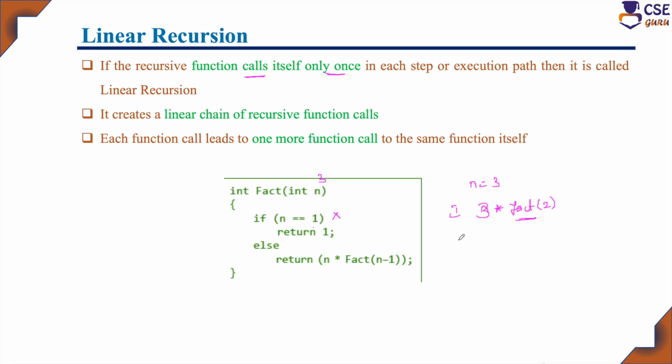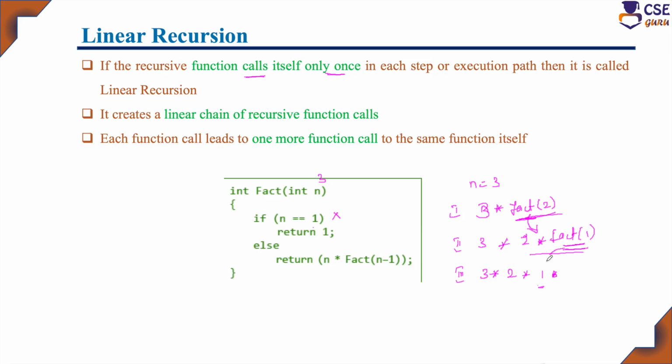The second time also, 2 into fact of n minus 1, fact of 1, it will make. Here also only one recursive call is made. So for this fact of 2, this is 2 into fact of 1. And in the third recursive call, 3 into 2 into, for this fact of 1, it will return 1 as the result.